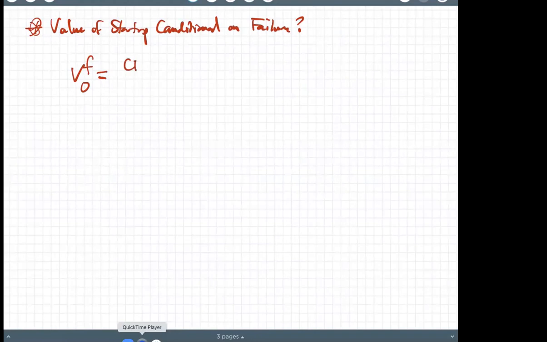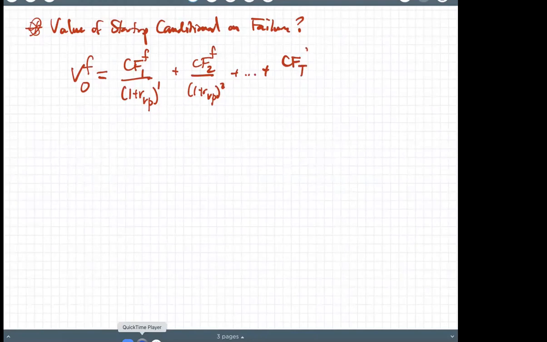Expected cash flow at time 1, conditional on failure, discounted by the venture period discount rate for 1 period, plus expected cash flow if the startup eventually fails, discounted by 2 periods, all the way up to cash flow at time t, conditional on failure, over 1 plus r_VP to the power of t. I'm not going to add additional cash flows because if a startup fails, by definition, we know it's going to be failing before the exit date.